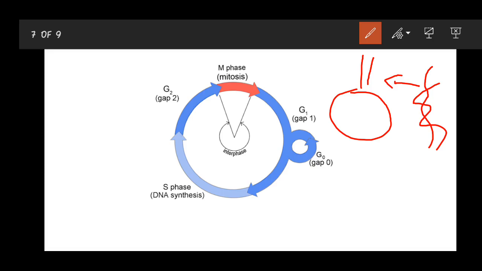Such a single fiber in the G1 phase is referred to as a single chromosome. You can take the term chromosome in this particular situation also. As I said in the first session, chromosome is a terminology that is usually restricted to a structure that is seen in the metaphase stage.